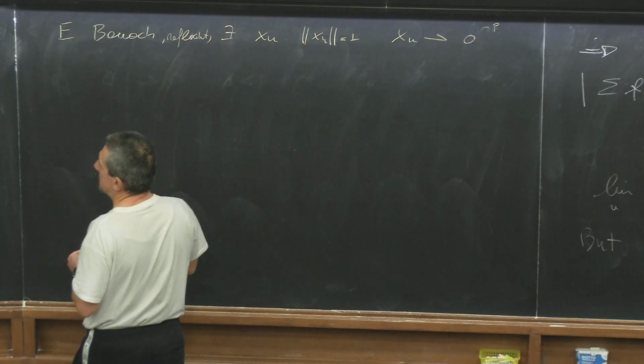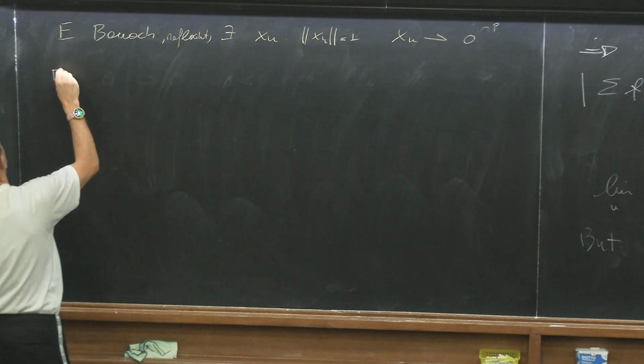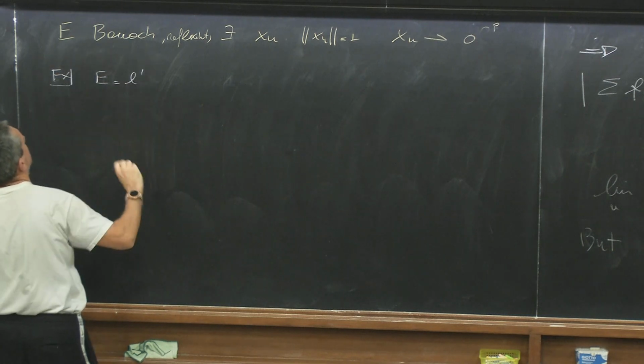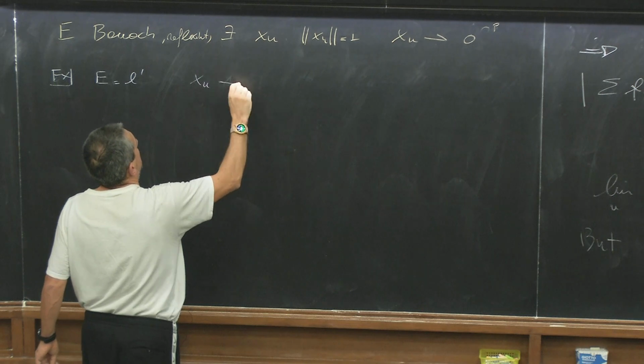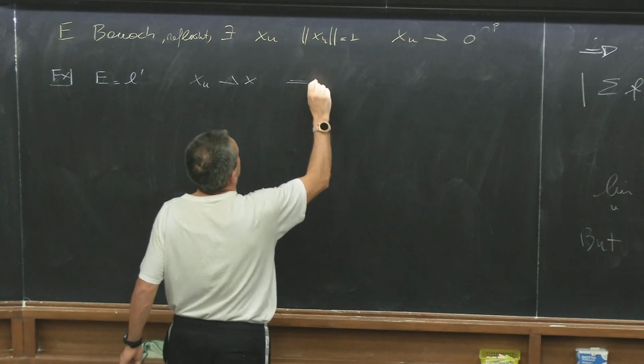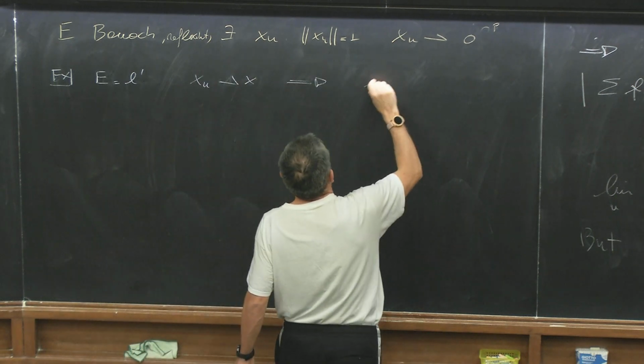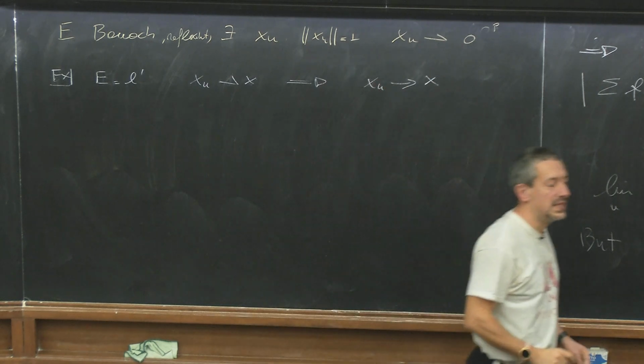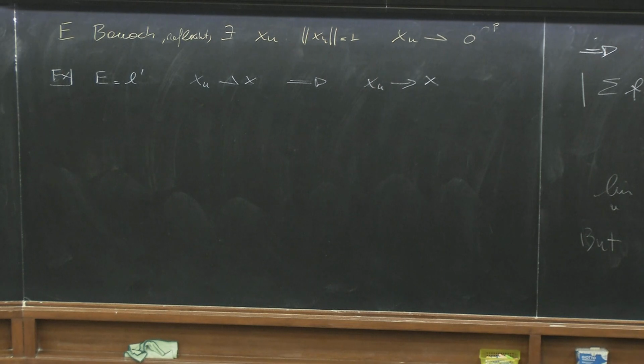And in fact, a good exercise is the following: in E equal to L1, if x_n weakly star converges to x, then x_n strongly converges to x. Because the dual space is L infinity, so more or less you repeat this approach.